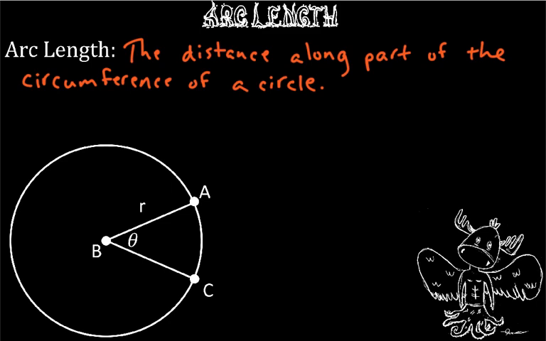So we will use the measure of an arc, which is related to its central angle, theta, in this diagram. So the arc length is calculated as the measure of the angle ABC, so that's the central angle, divided by 360 degrees, which is the entire circle, multiplied by 2 pi r.